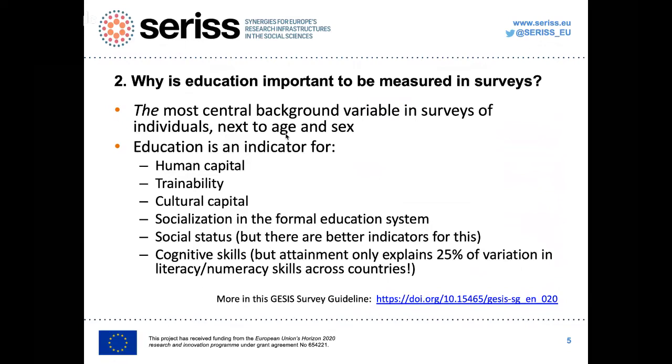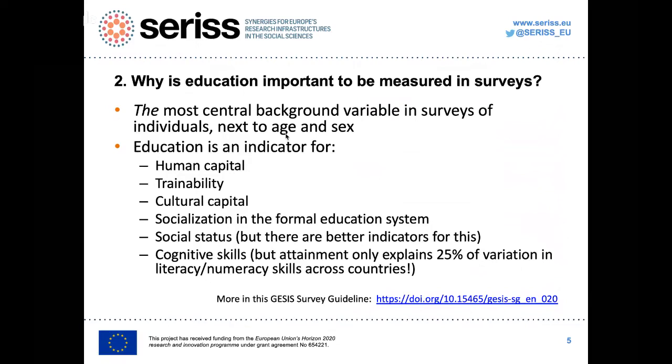It is important because it's an indicator for human capital, which is very important in determining people's labor market chances and therefore also life chances and outcomes, their trainability, but also their cultural capital, which is a bit more broad than just human capital. And these things are pretty much reflecting the socialization that an individual has received in the formal education system. Often education is also used as an indicator for social status because it has an important influence on labor market outcomes, such as occupation and incomes.